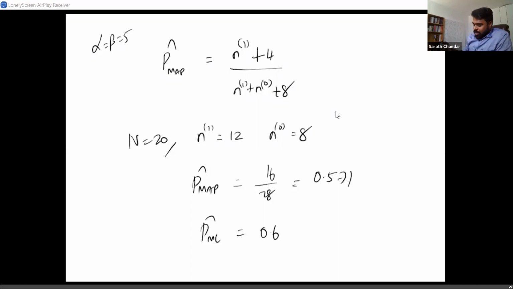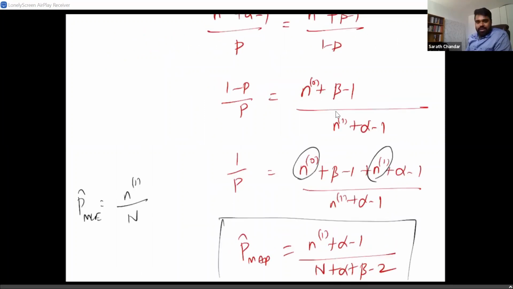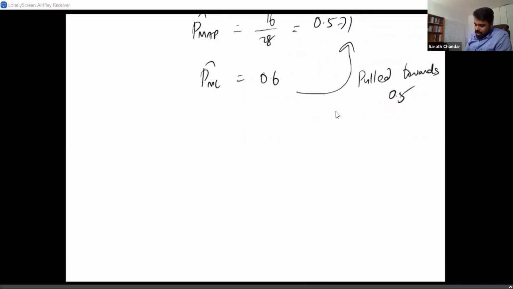If you think about how we set alpha and beta, we set them in such a way that the mode is at 0.5, right? So in some sense, what alpha and beta have done is pull the value from 0.6 towards 0.5. If you look at this equation, maybe I'll rewrite it here.